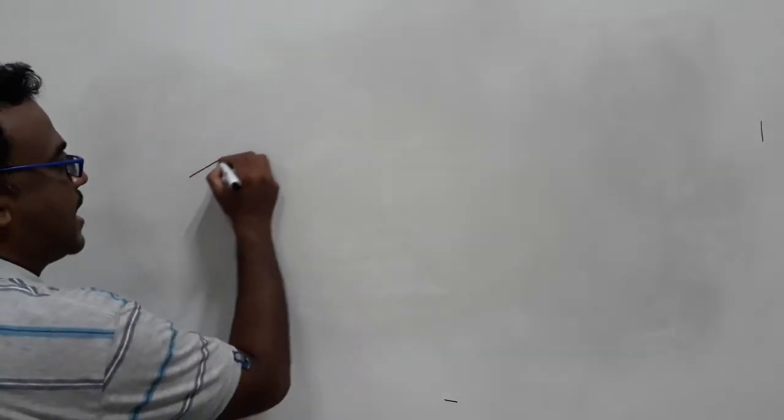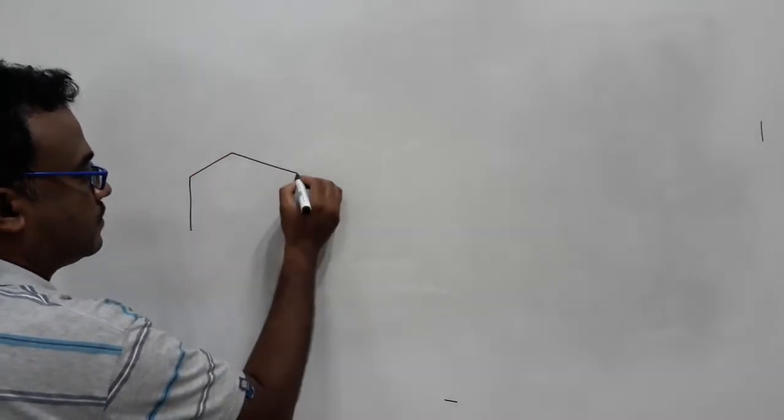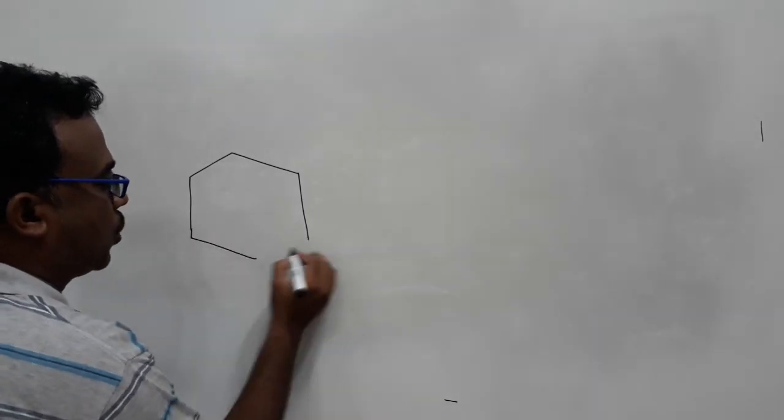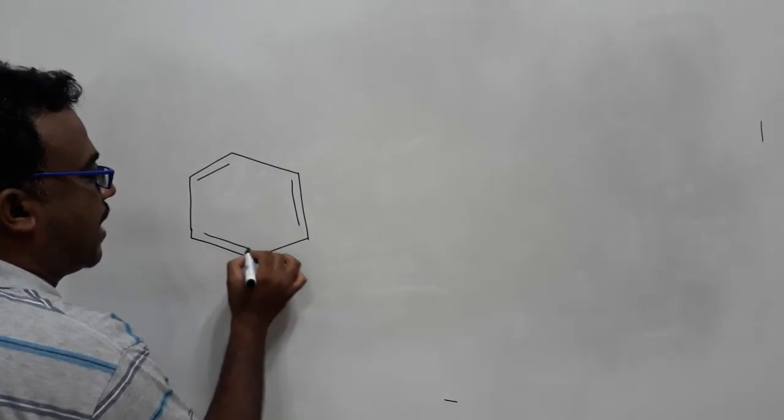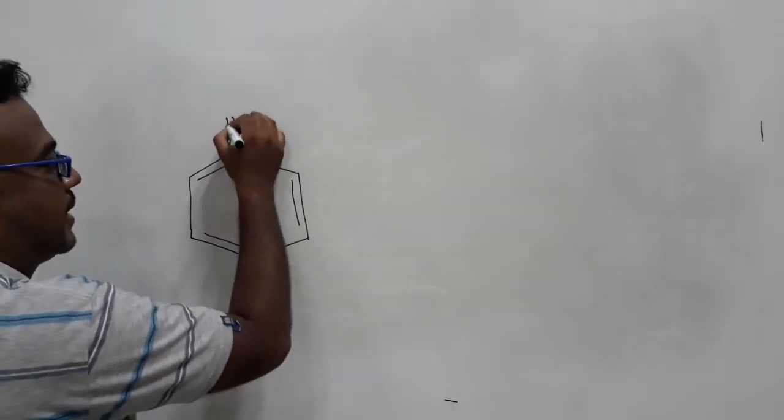And I have to compare the bond length. If you take the bond length of benzene, we know that it's not a true double bond; its electron density is delocalized, and the bond length is between a single and a double bond length.